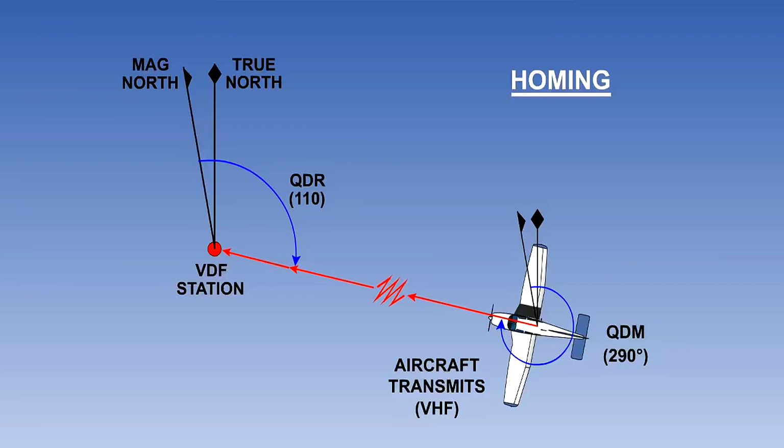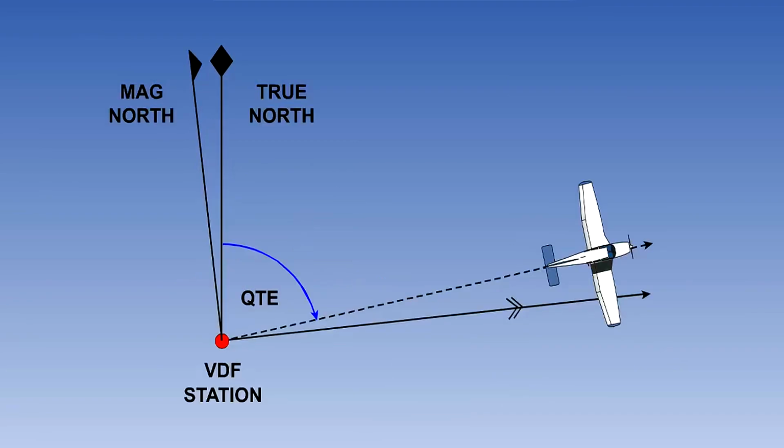If you want a track to fly, you would ask for a magnetic bearing, that is, the QDM or the QDR, but if you wanted to plot your position on your chart, for example, to know where you were in relation to a danger area, you would request a true bearing, as charts are oriented to true north.